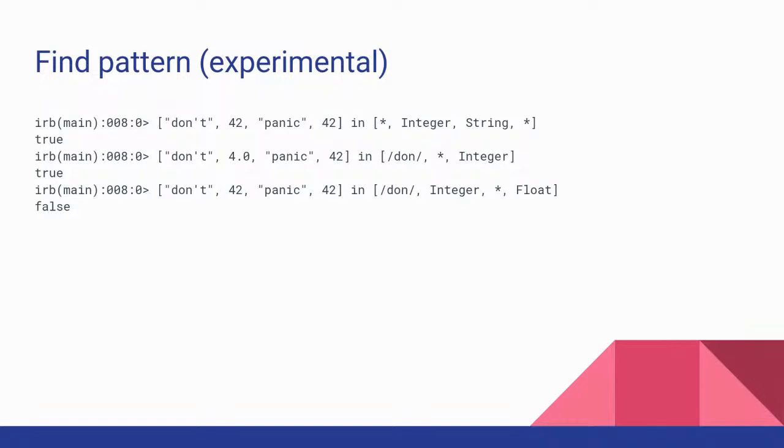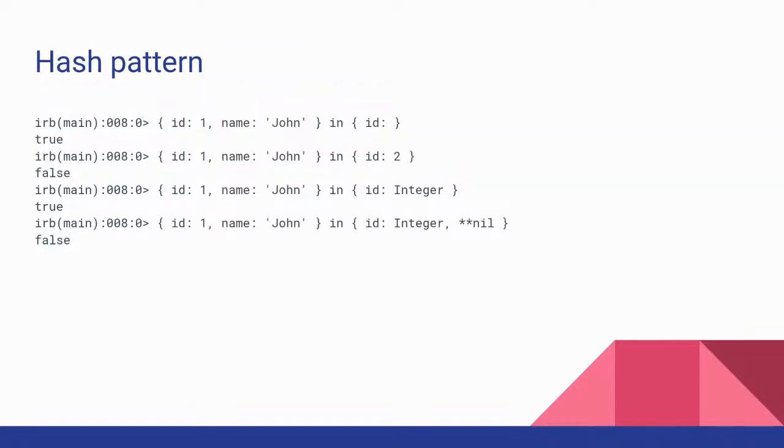So we also have the hash pattern. The hash pattern is one case that we had contact with before in our previous slides, and the hash pattern matches symbol keys against patterns. Here we have a main difference when comparing to the array pattern, because now we can perform partial matching.